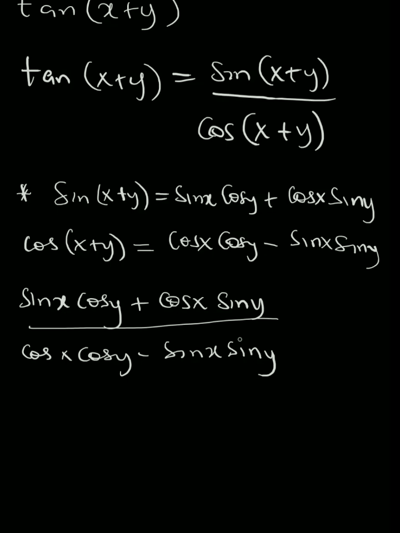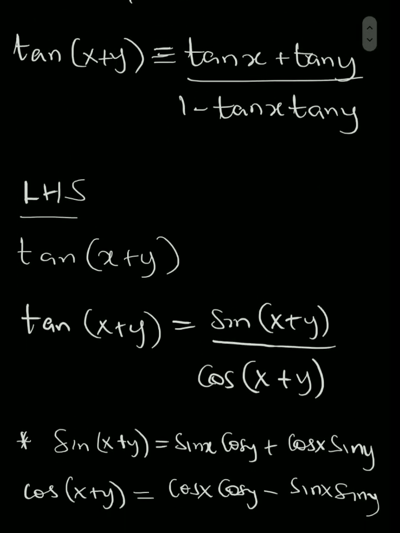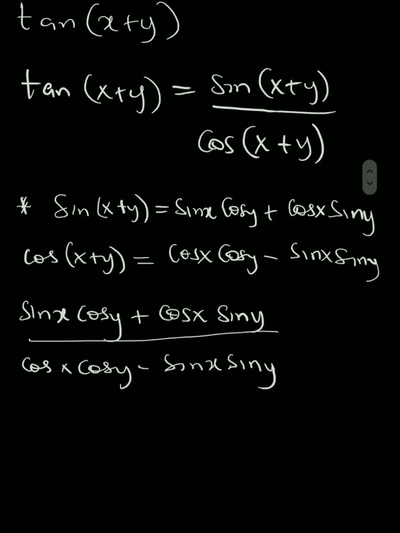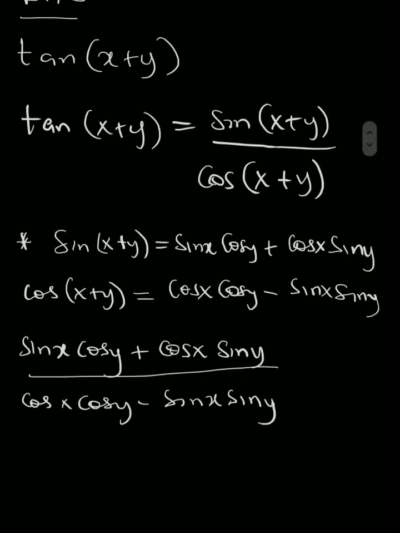Looking at the right hand side, it has two parts on the numerator and two parts on the denominator, and our result so far also has two parts on the numerator and two on the denominator.